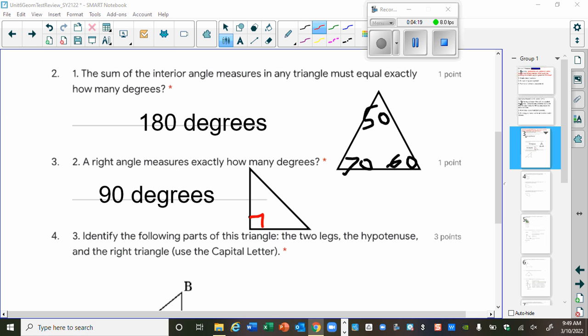So that's how we answer the first two questions. Any questions on the first two? This is known knowledge that we already know. We shouldn't even have to go over that.